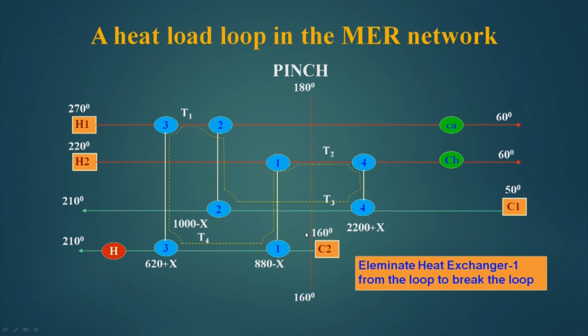So, how this size or the capacity of heat exchangers will change if I put x is equal to 880. Then we will find out a path through which we will pass heat to maintain the delta T minimum.